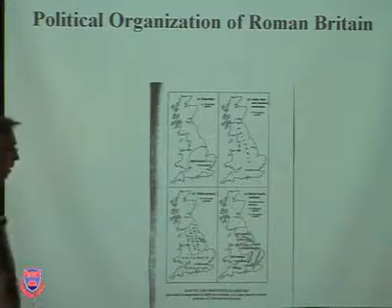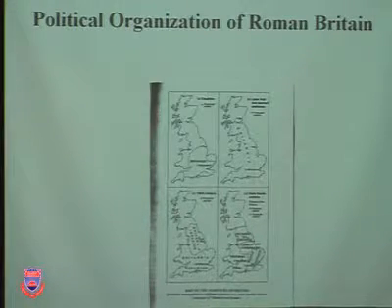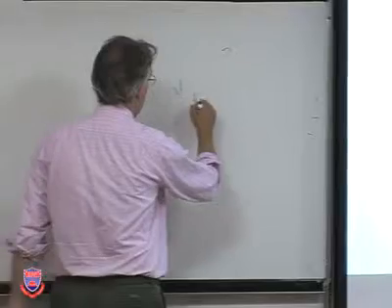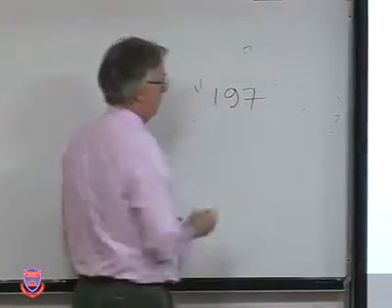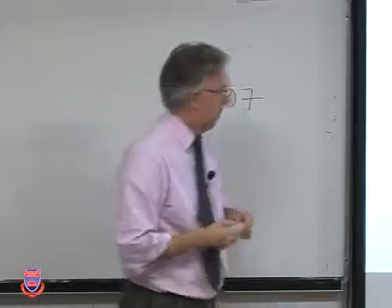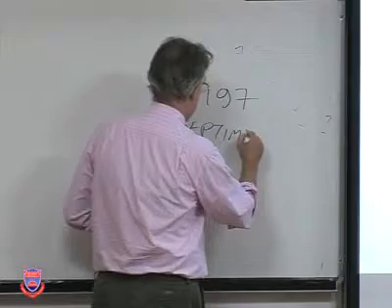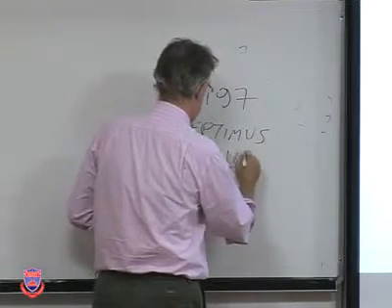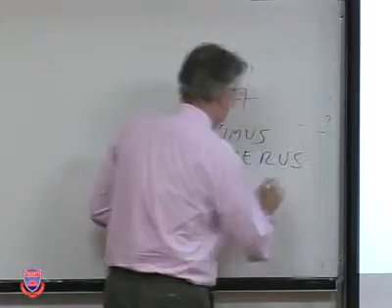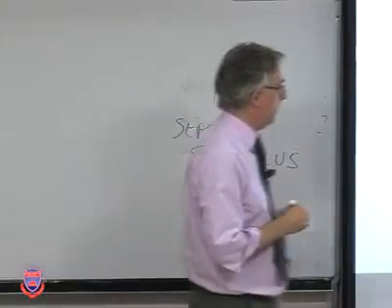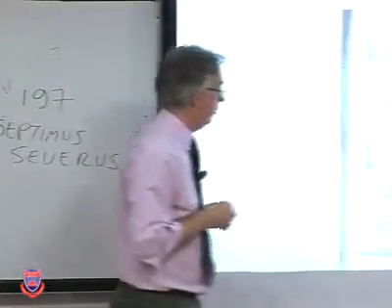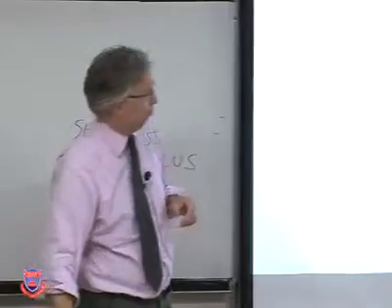In 197, under the Emperor Septimius Severus, it was deemed necessary to divide Britannia into two separate provinces.